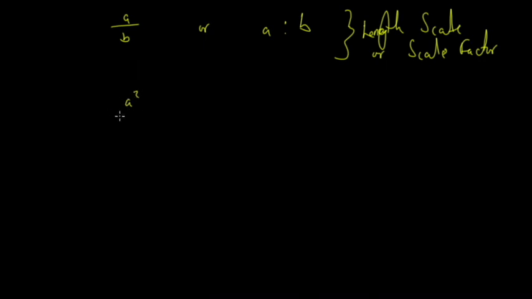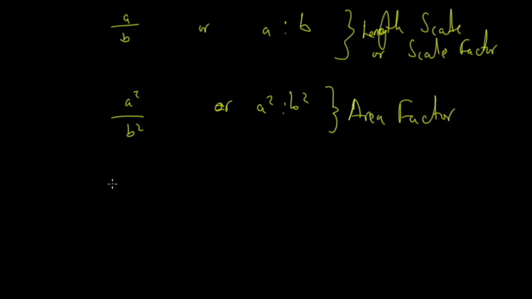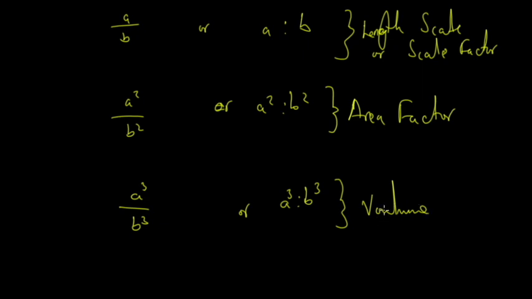So area factor would be equal to A squared is to B squared. And then the other trick that we talked about that you should watch out for is that you are squaring even the numbers as well. This is the area factor. And then we talked about A cubed over B cubed, or A cubed is to B cubed. This one is called the volume factor.